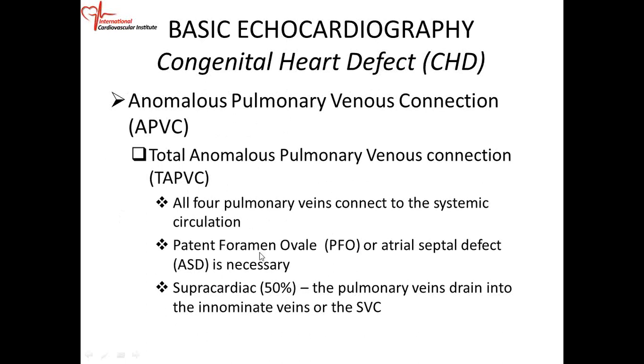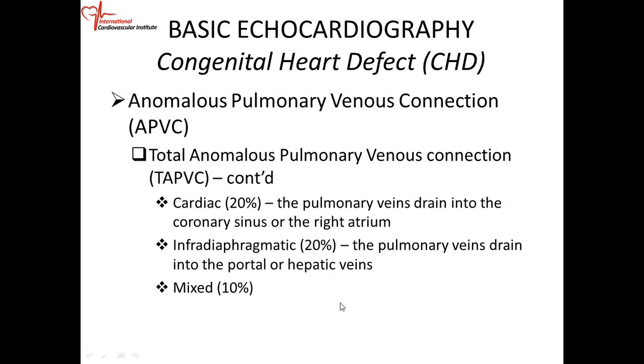In 50% of total anomalous pulmonary venous connection, the pulmonary veins drain into the innominate vein or the superior vena cava. So it can drain anywhere on the right side, either in the innominate vein or the superior vena cava.